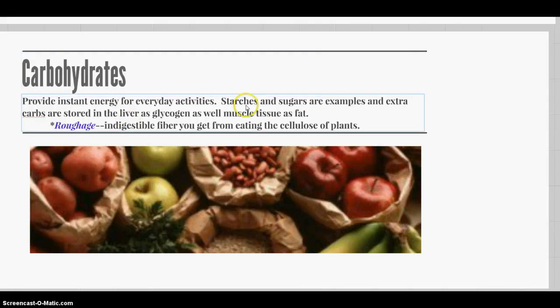Starches and sugars are examples of carbohydrates. When you eat too much carbs and sugar, you have an excess amount, and the excess will be stored for later. It will be stored in the liver as glycogen, as well as in the muscle tissues as fat.